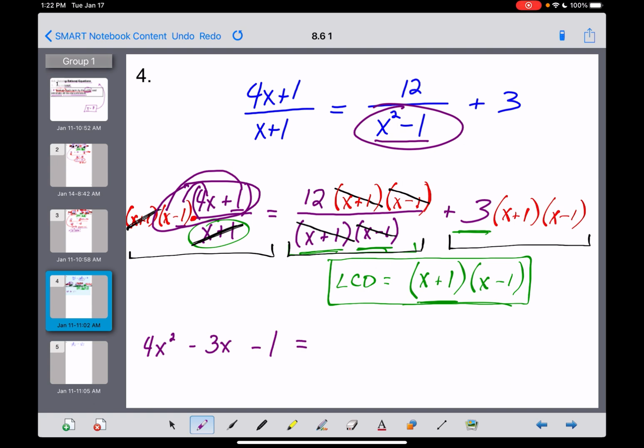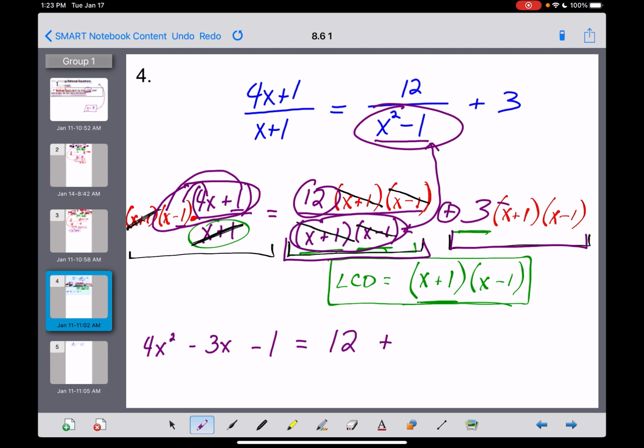Everything canceled right here in the second term, except for the 12. So the 12 comes straight down. This plus sign then comes down next, and nothing canceled right here, so we have to multiply 3 times x plus 1 times x minus 1. But I want to remind you, the x plus 1, x minus 1, which I had right here, is the factored version of x squared minus 1.